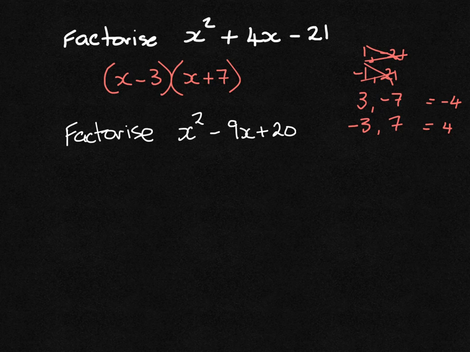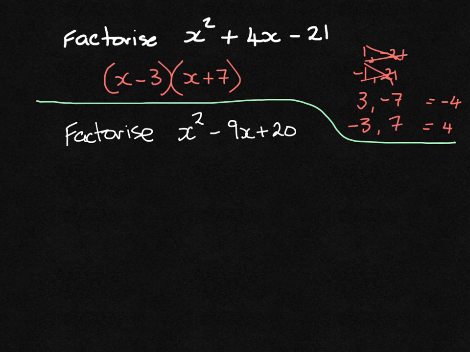Okay, the next question we're going to look at, and I'll just put a line here so we don't get mixed up: factorise x squared minus 9x plus 20. We go through the same process again. What are the factor pairs of positive 20? You've got 20 and 1, and you've got the negative versions of those, -1 and -20, because it's a positive number.